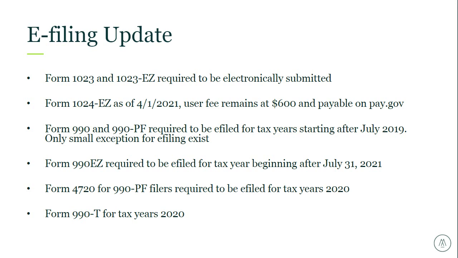The IRS does have on their website a list of those vendors that are able to do that for you. So just a quick update on requirements, and they might also send you a little notice saying, hey, just an FYI, you're required to e-file. So just a friendly reminder there.